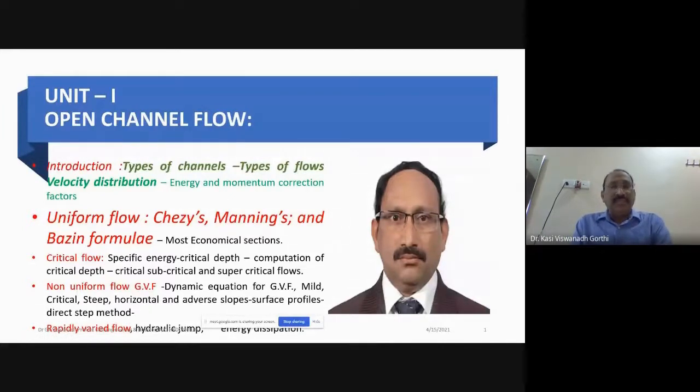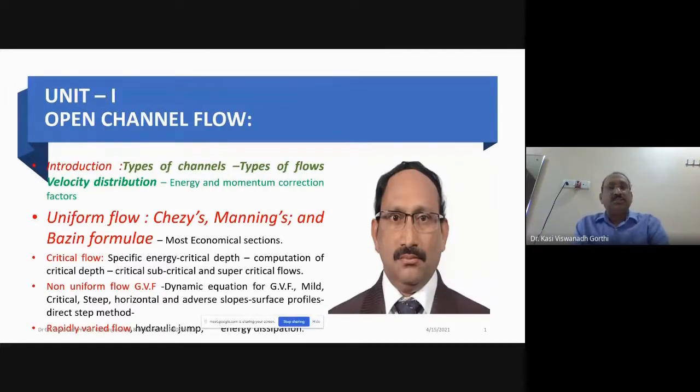We have been discussing for the past few classes the fundamentals of open channel flows, the types of open channels, and the classification of flows in open channels. Then the velocity distribution in the last class we discussed.